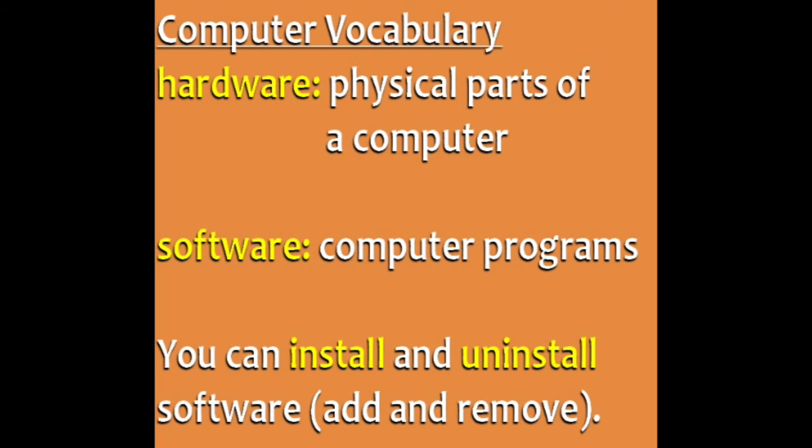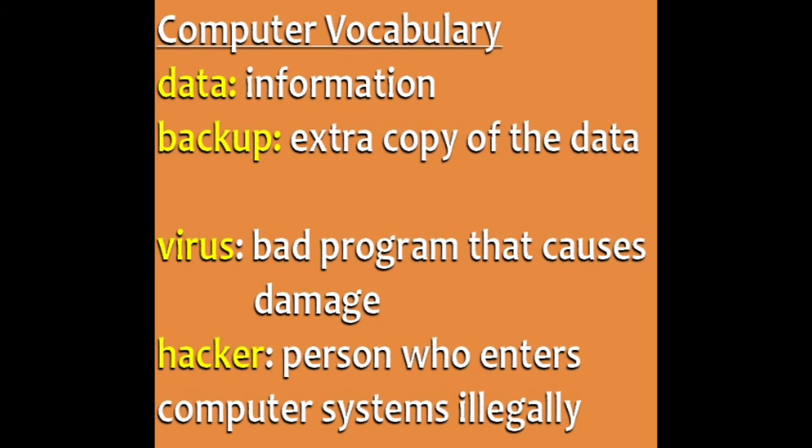The physical parts of the computer are called hardware, and computer programs are called software. When you install software, it means you put it on your computer. The opposite, removing it from your computer, is to uninstall. The information on a computer can be called data.